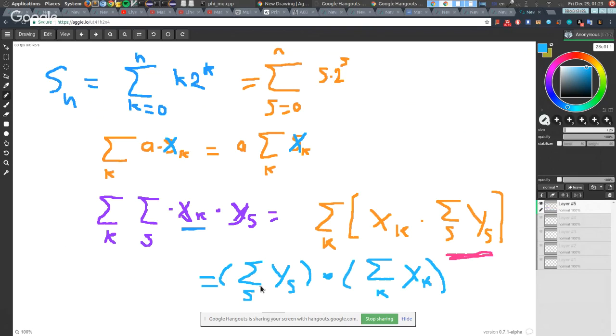As you can see, the intuition behind this is that here we go through all the pairs basically.